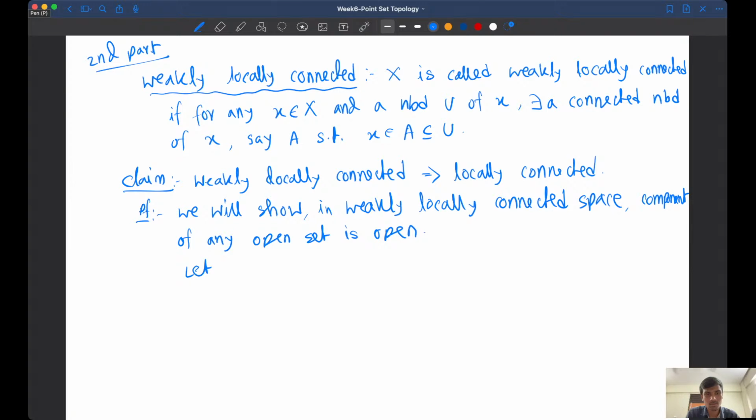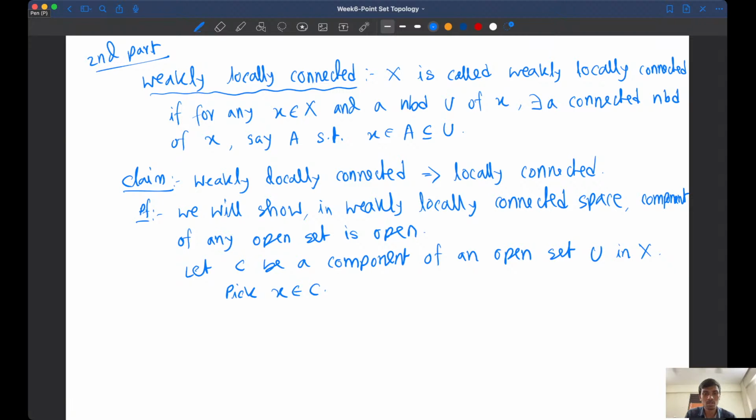Let C be a component of an open set U in X. And again, to show C is open, I have to take a particular point, let's say pick x belongs to C.